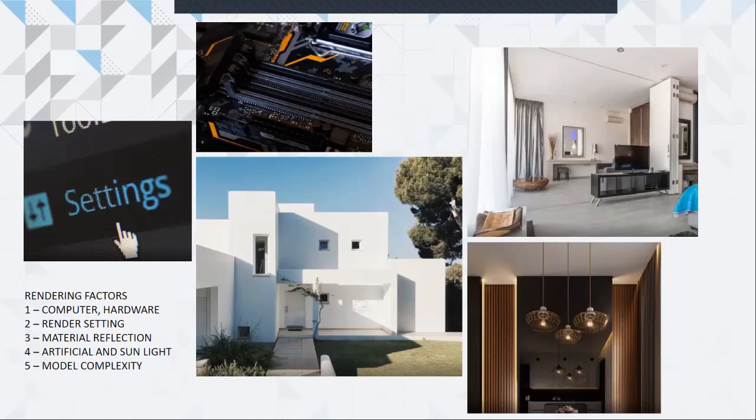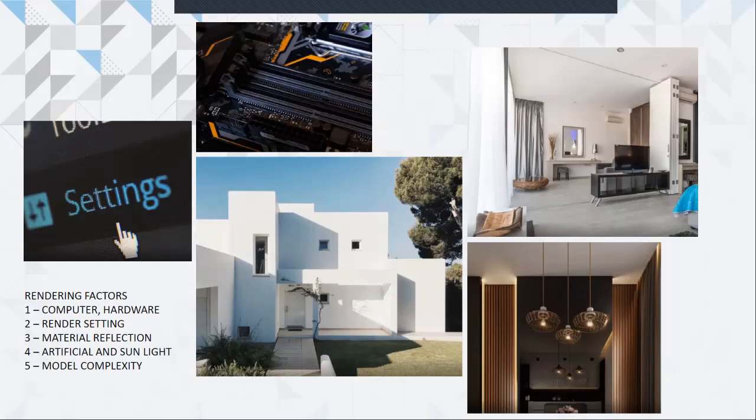And the material reflection. All the surfaces in the project has surface which we apply material on. And that material has some reflection, and within that reflection is important how big it is, because the reflection is important for rendering, because how light goes through the space.